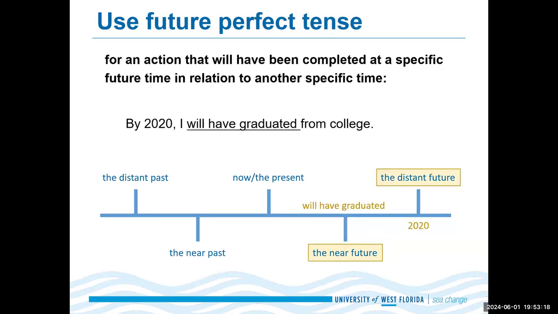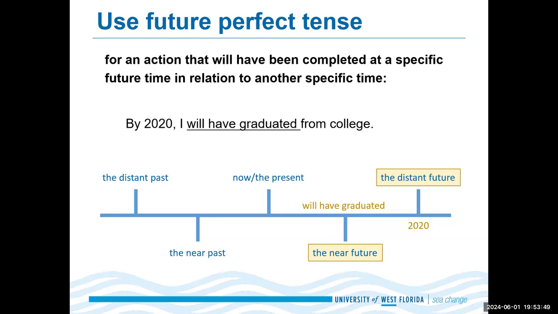For an action that will have been completed at a specific future time in relation to another specific time. All right. So example, by 2024 Napolcom exam, I will have passed the Napolcom.